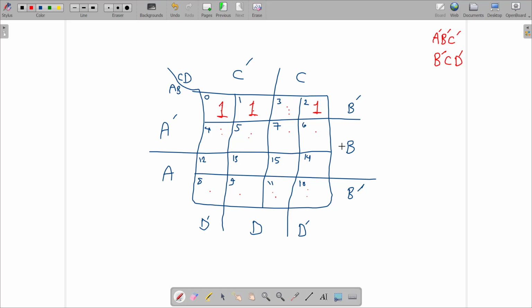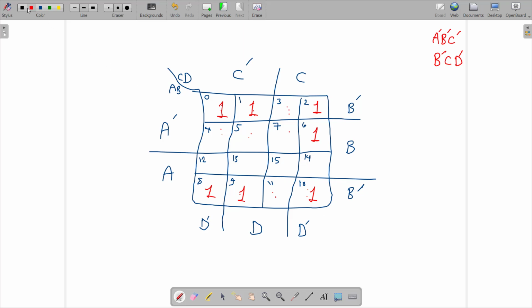Similarly, if we find the A prime, C, D prime, we have it here in this form. And for the other terms, if we find the same thing, you can see that we can find all of them as 1. Now, how can we make a group?